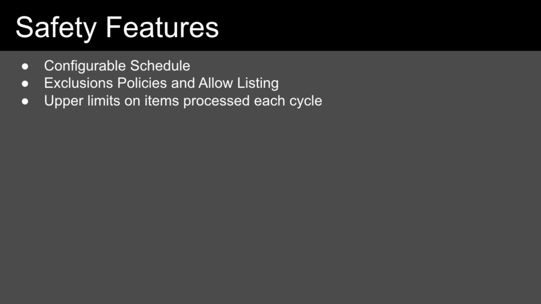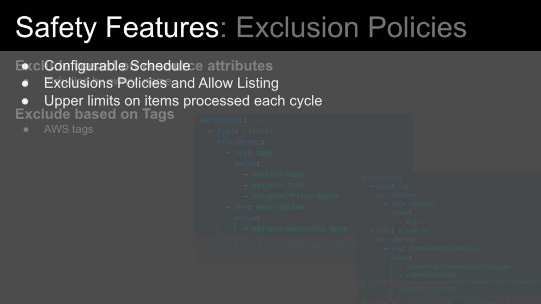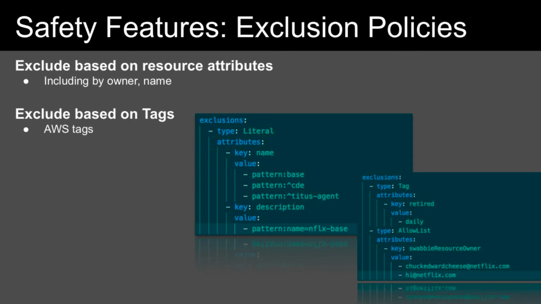Okay, exclusion policies are a very, very powerful feature because it allows us to test out new functionality and only allow list or whitelist a subset of resources that are owned by team members. And they're very flexible.